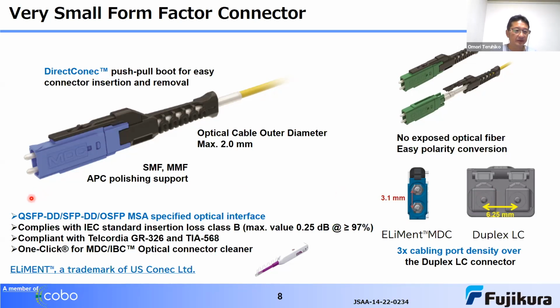And this connector is specified as one of optical interface by QSFP-DD, SFP-DD, and OSFP MSA, and complies with IEC standard insertion loss grade B performance, maximum insertion loss 0.25 decibel at 90% fiber.